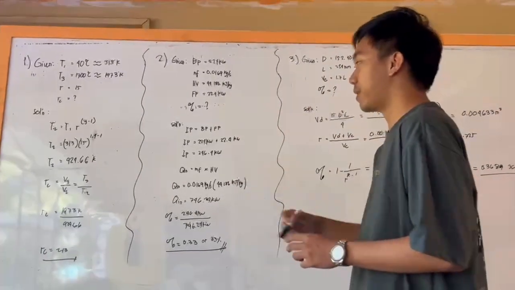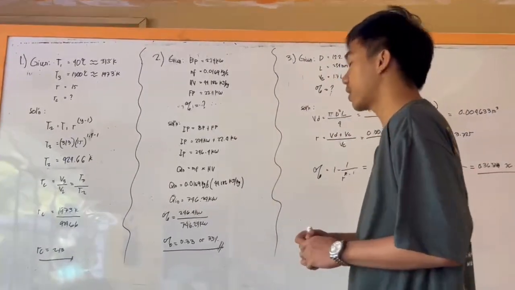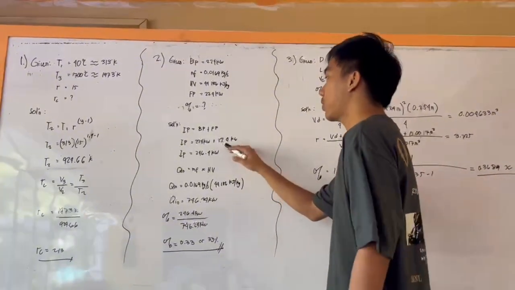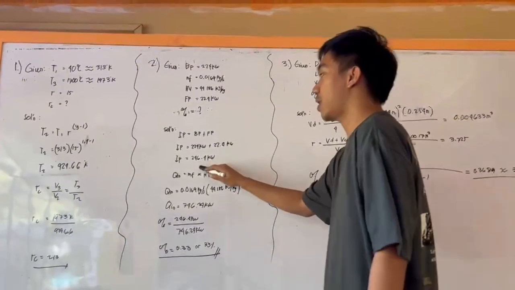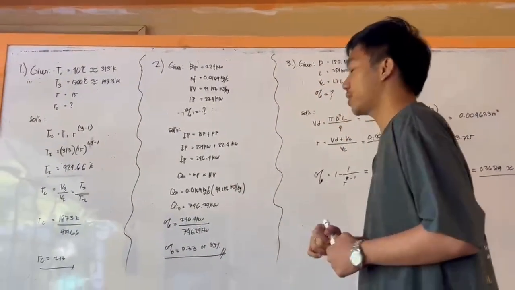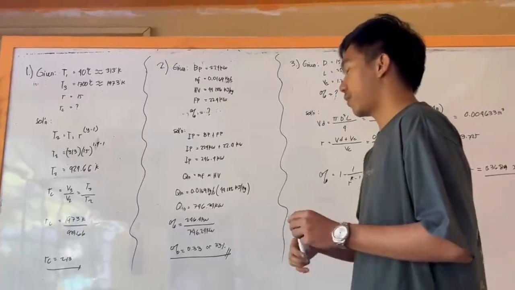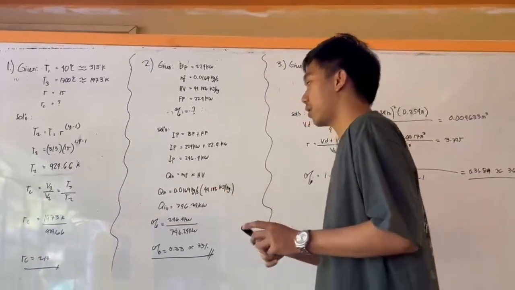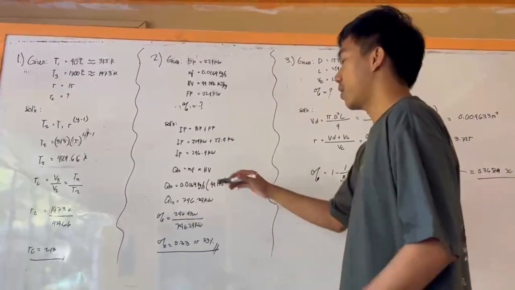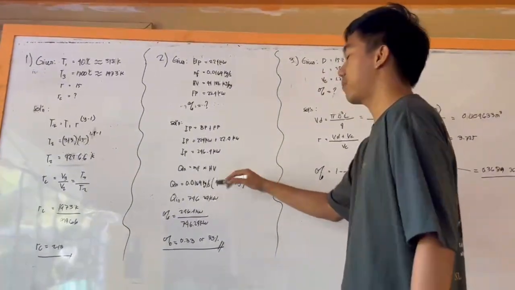So IP is equal to 224 kilowatts plus 22.4 kilowatts, and we have an IP of 246.4 kilowatts. And for our formula of QIN, we have mf multiplied by the heating value.